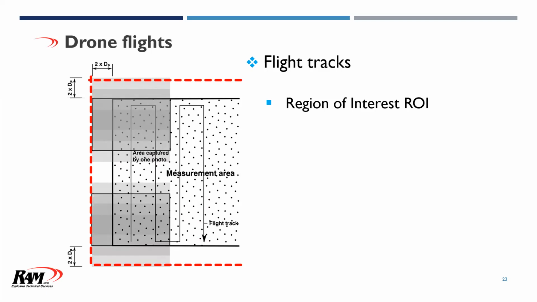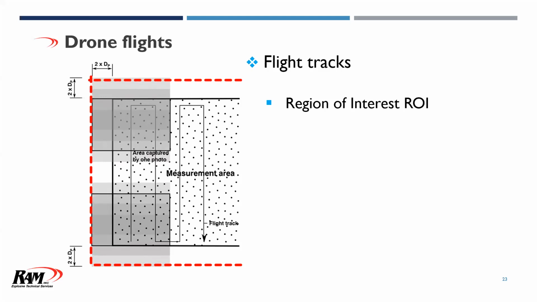A good rule of thumb is that we want to see the points we want in our model at least about 5 times within the images of that particular flight. So we want to go past that area of interest and come back and capture it to make sure we've got that overlap.